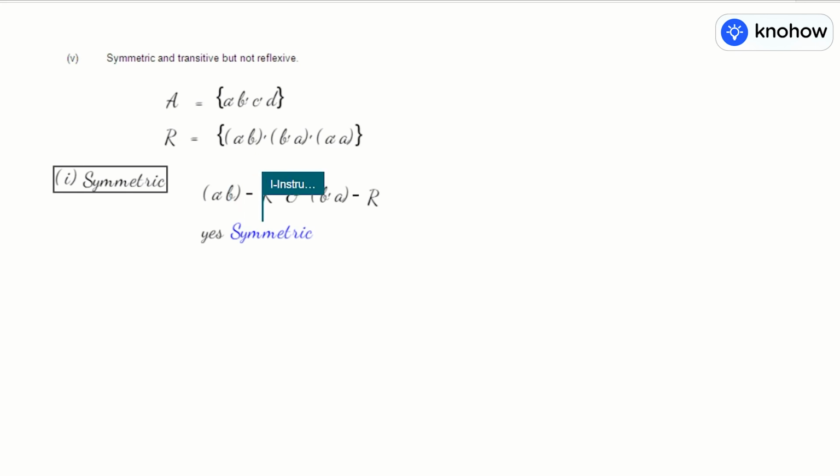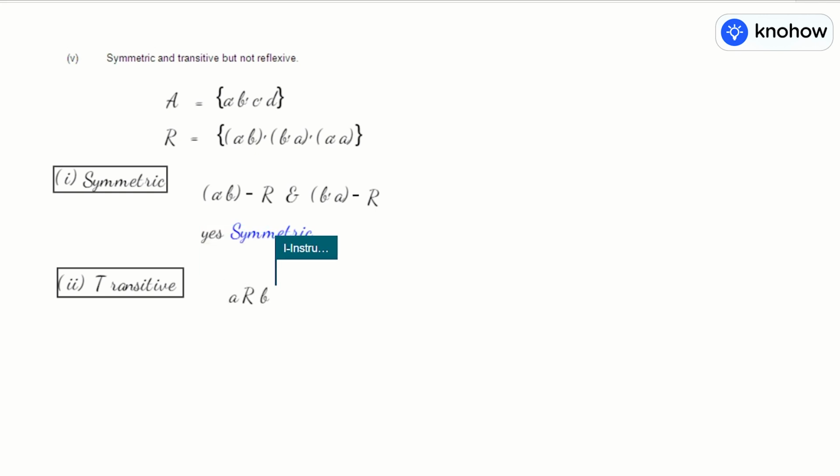Now, we have further to prove that it is transitive. So second part, let me check that yes, it is transitive. A is related to B and B is related to A. What further does it imply? That A is related to A, yes, A is related to A. (a,b) is there, (b,a) is there, and (a,a) is there. So this implies that R is transitive.